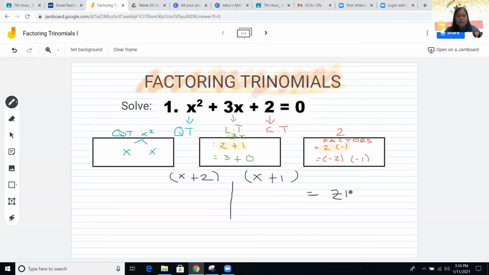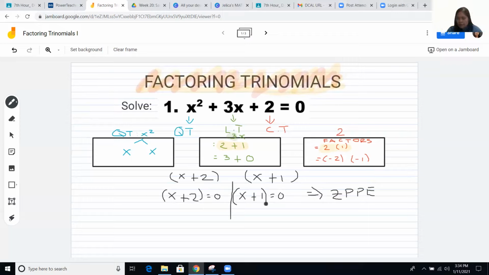ZPE is the zero product property of equality, in which we equate the two statements to zero. So we have x plus 2, we equate it to 0 to get the value of x, equals 0. Then we have x plus 1, x plus 1 is equal to 0. Let me put an arrow on this one so that you will not get confused. You may also draw parentheses in here.